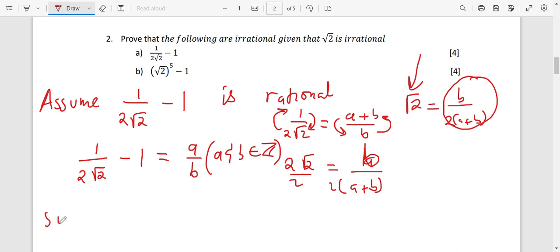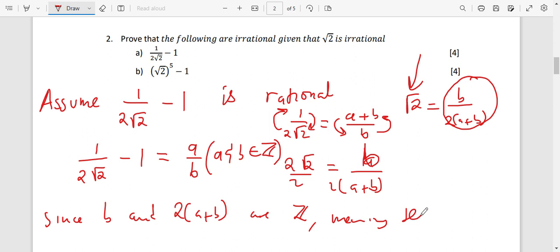So you say, since B and 2(A plus B) are integers, meaning that the right hand side is rational, because an integer over an integer is rational.